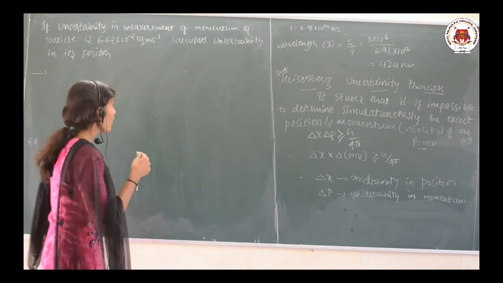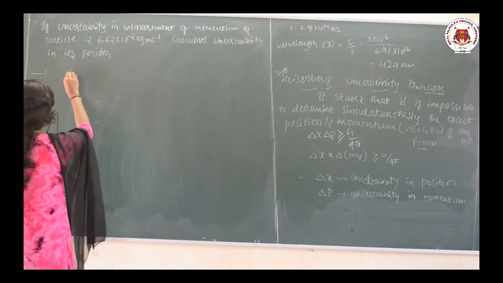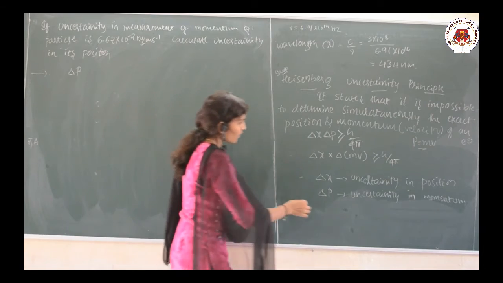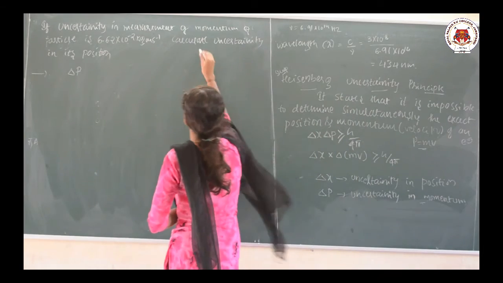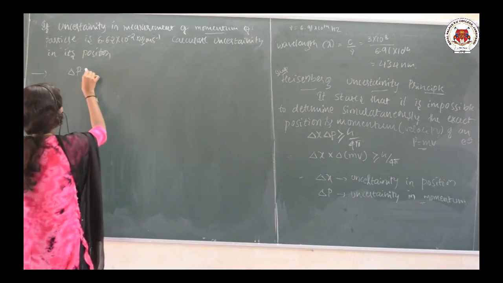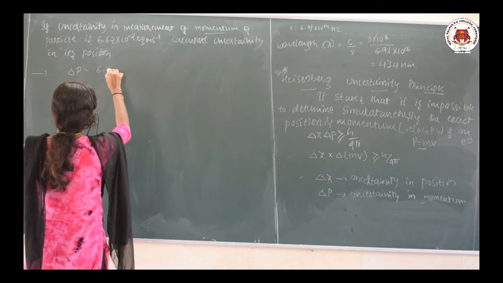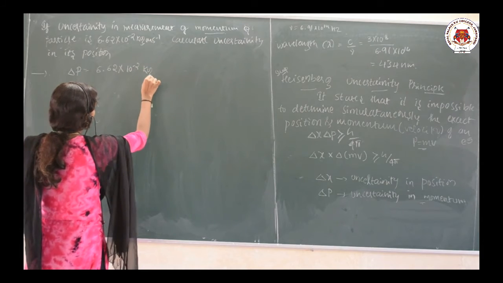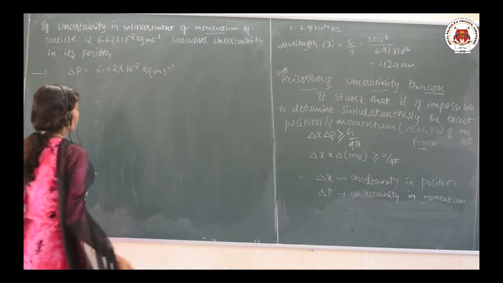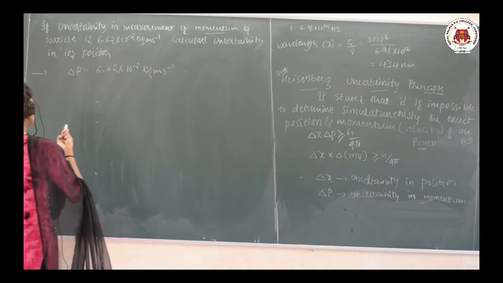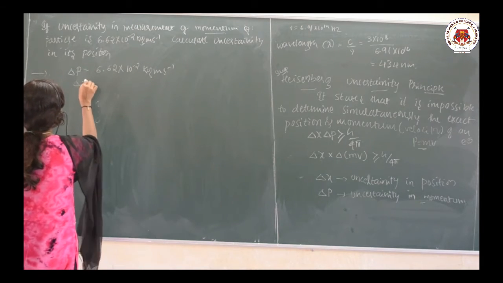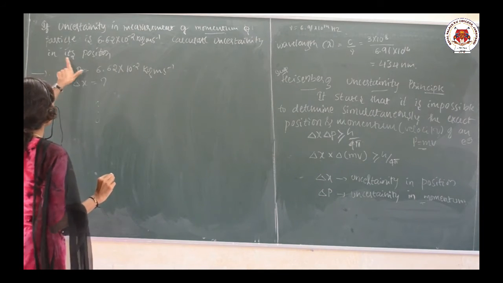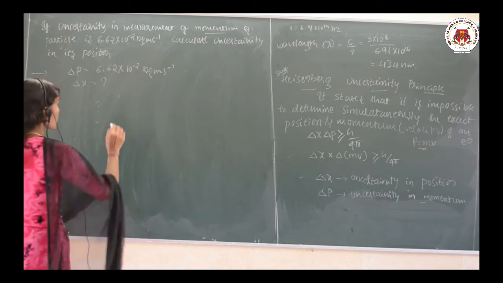So they have given the uncertainty in momentum, delta p, and its value is 6.626 into 10 to the power minus 2 kg meter per second. And the question is, you need to find out delta x, the uncertainty in its position.